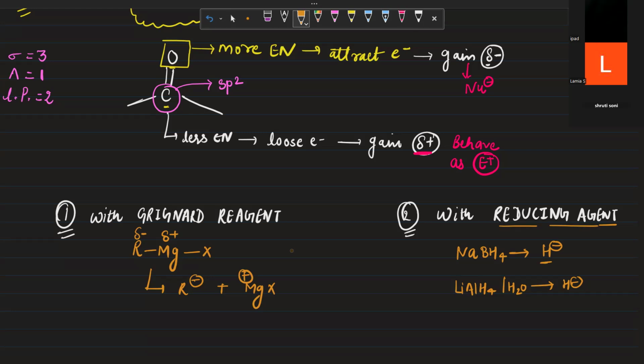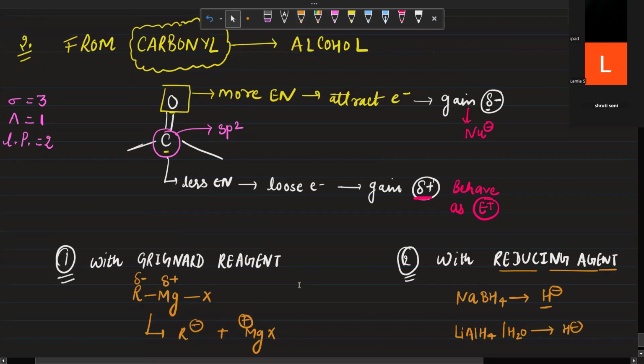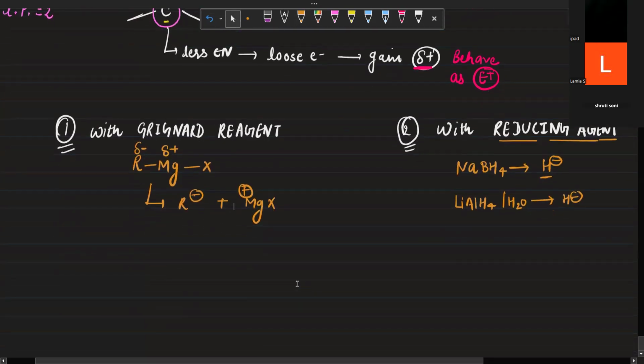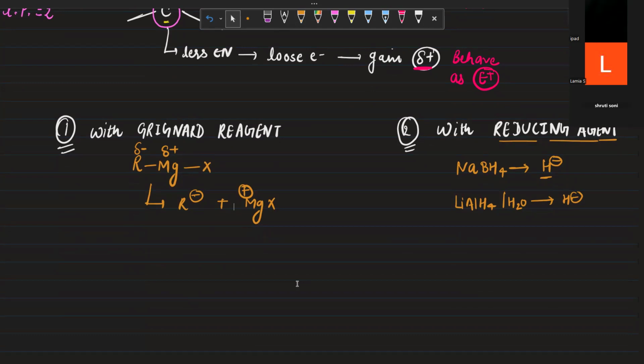Can you repeat that again? Grignard reagent donates R minus, where R is an alkyl group. And reducing agents like NaBH4 and LiAlH4 donate H minus, hydride ion.